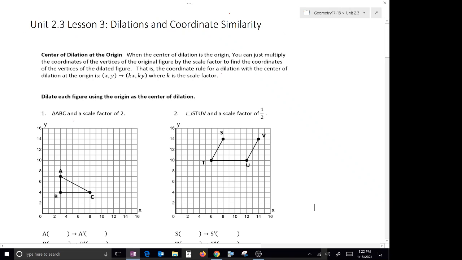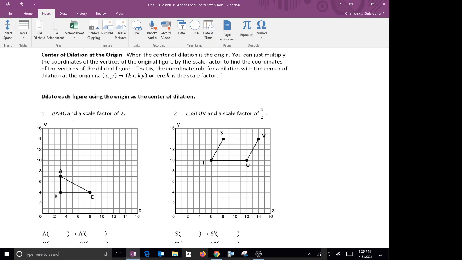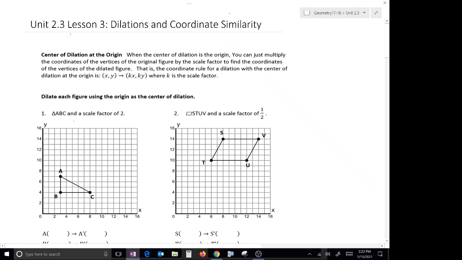If it makes it smaller, we call that a reduction, and if it makes it larger, we call that an enlargement. So the key to determining what happens is knowing what our scale factor is, which is denoted by K. And this tells us two things.